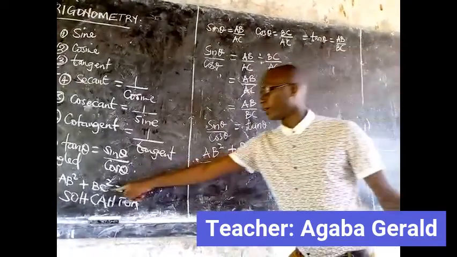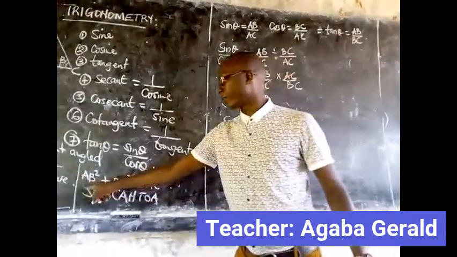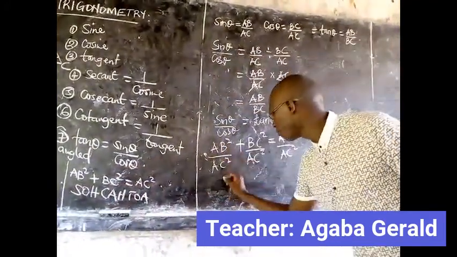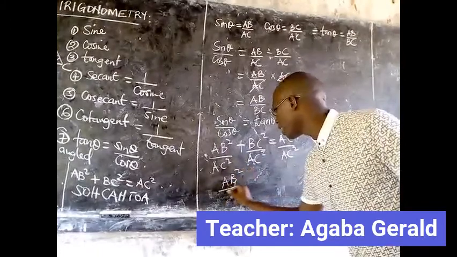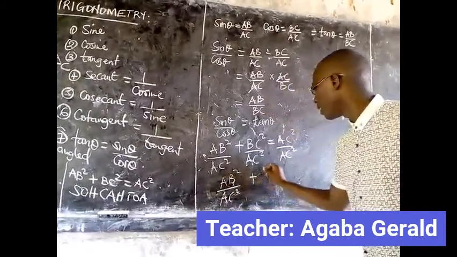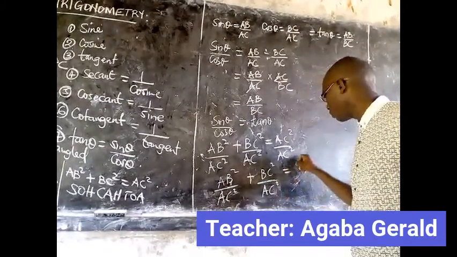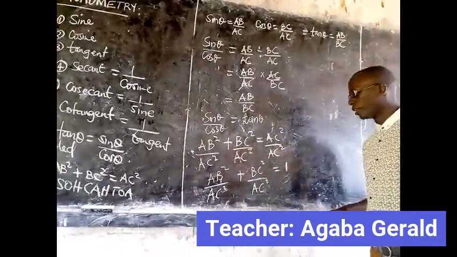We had our equation here, then we divide it everywhere by AC squared. So it means we shall have AB squared out of AC squared plus BC squared out of AC squared is equal to 1, because AC squared divided by AC squared is 1.